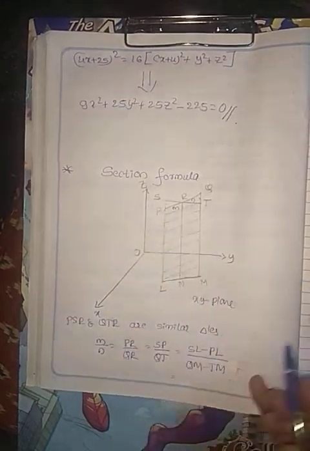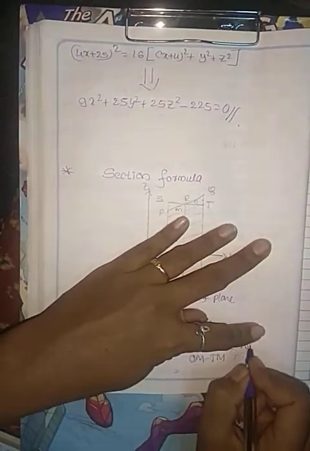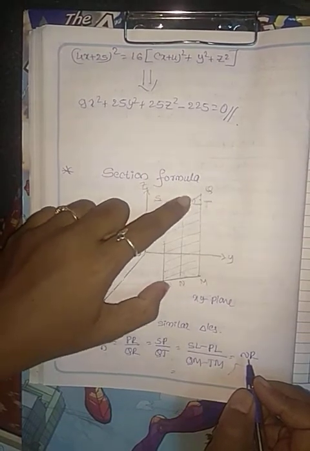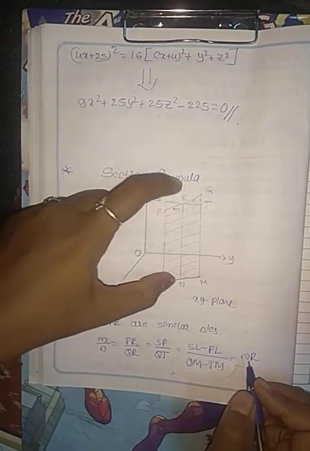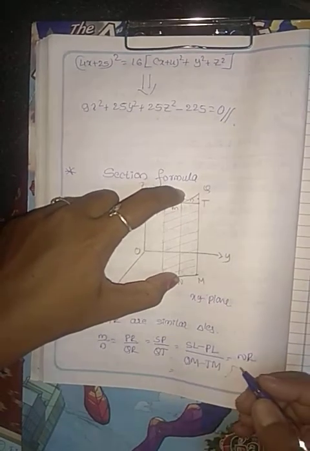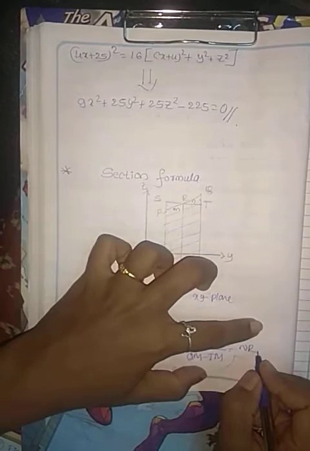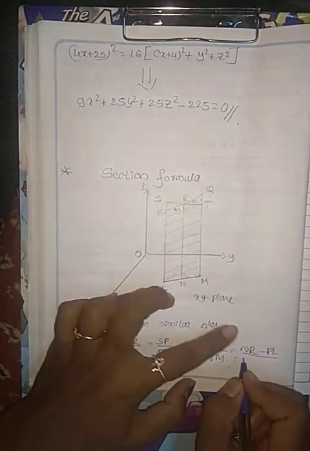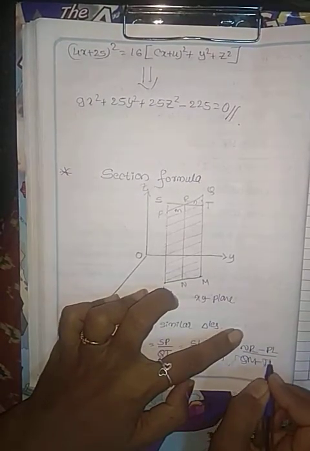By taking the similar triangles, we can write SL equal to NR because these lines are parallel lines. Similarly, PL equal to PL, QM equal to QM, and TM equal to TM.